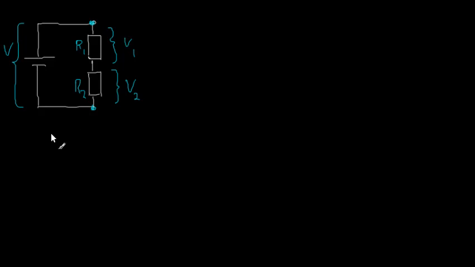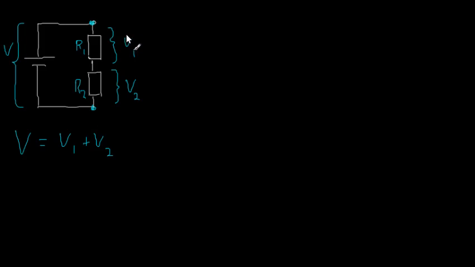Now the idea here is that the sum of V1 and V2, V1 plus V2, must be equal to the overall voltage. The reason is that voltage, or the potential difference between these two points, is just the work done to bring 1 coulomb of charge, or a unit charge, from that point to that point.